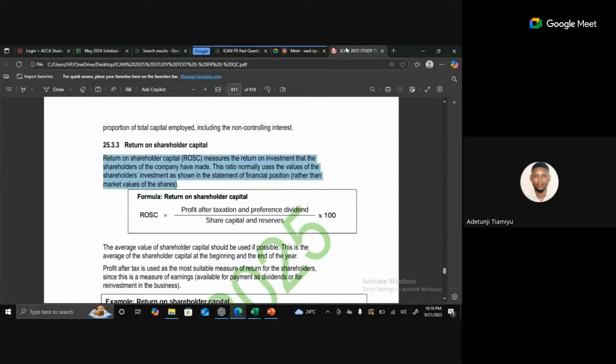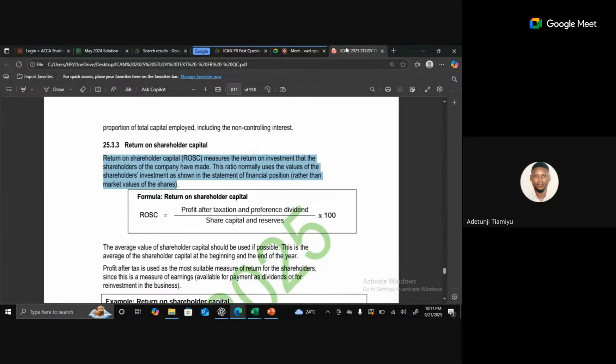If you look at the terms taxation and preference dividend, they are somewhat expenses in the income statement, so they will be taken out from the profit. So for those people that are saying mathematically, if we look at it this way, plus and minus, they're saying that 'and' means that you plus.